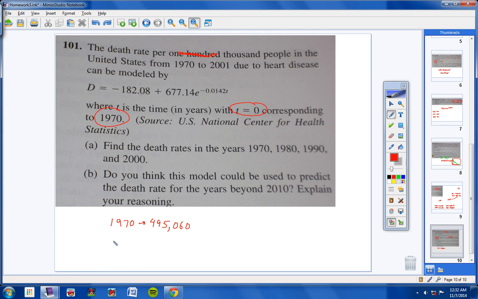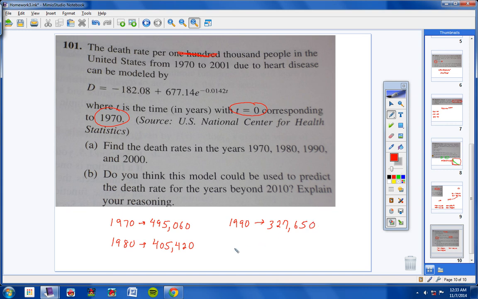But moving on, the death rate in 1980, well, put a 10 in for your T, do all of the work, and you should get 405,420. Okay, moving on to 1990, put a 20 in for your T, and you will get out 327,650.